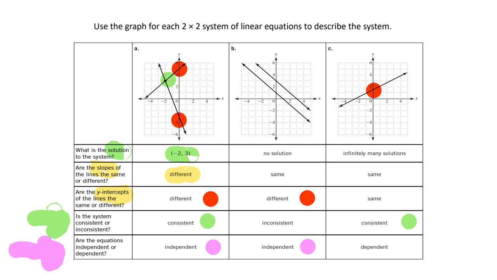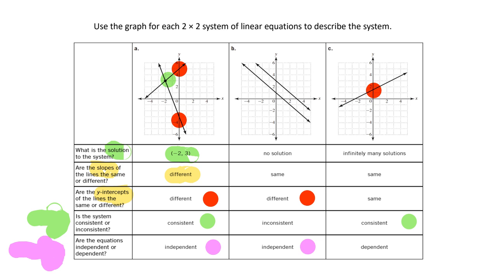But notice when a line sits on top of each other, they are the same line, and therefore they are dependent. Vocabulary words. Keep these in mind. Now, the rest of the slides are going to do two things. We are going to find the solution by graphing the next couple of equations.